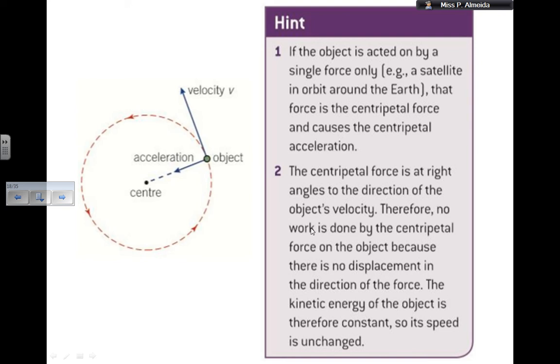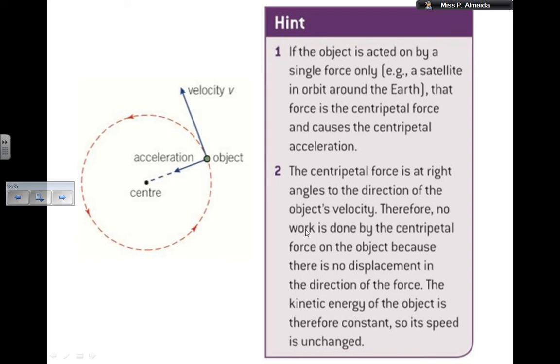So think about it. No work is done because work equals force times the distance in the direction of that force. Now, this is my force, so there is nothing in the direction of that force, so there is no work. Work is the change of energy, and therefore the change of kinetic energy.